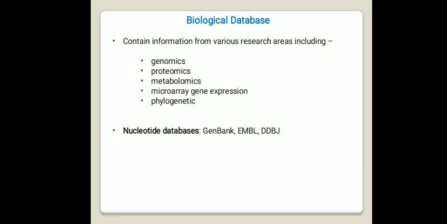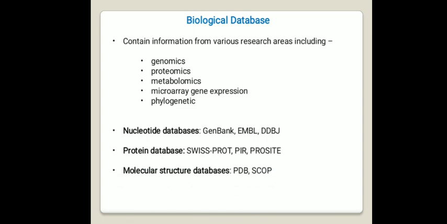The main nucleotide databases are GenBank, EMBL, and DDBJ. Similarly, the protein databases are SwissProt, PIR, or ProCyte. The molecular structure databases are PDB and SCOP. And other databases like KEGG. These are some of the examples of the databases.